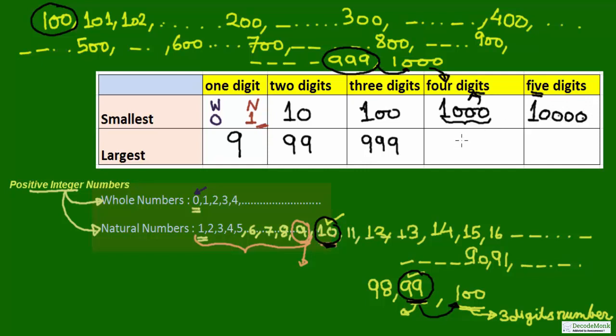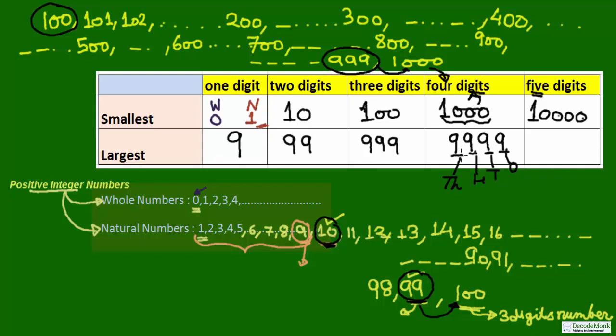Now coming to the largest 4-digit number. The largest 4-digit number will be 9999. A number consists of places, and these places have values. You already know that this is the ones place, this is the tens place, this is the hundreds place, and this is the thousands place. To maximize the number, you have to maximize the value of that particular place.